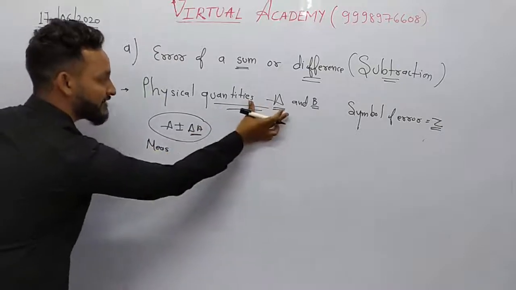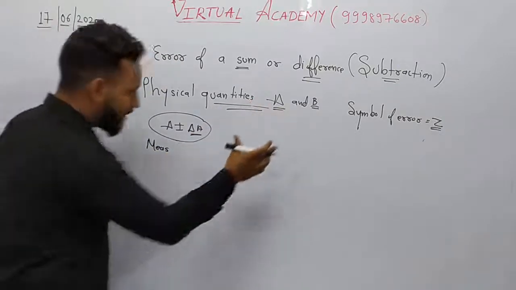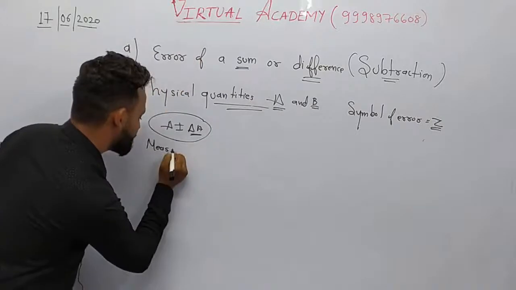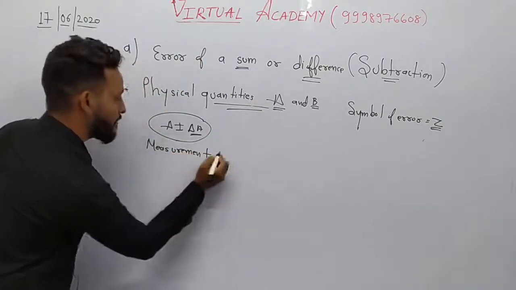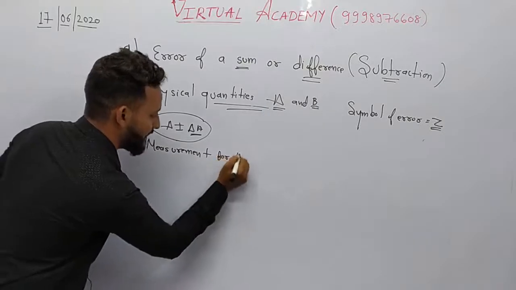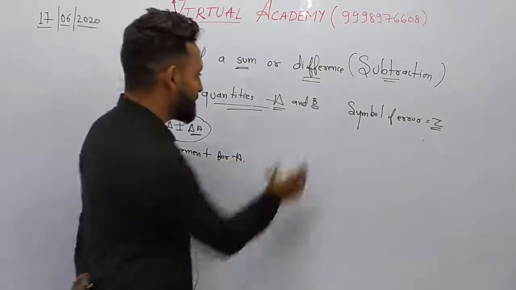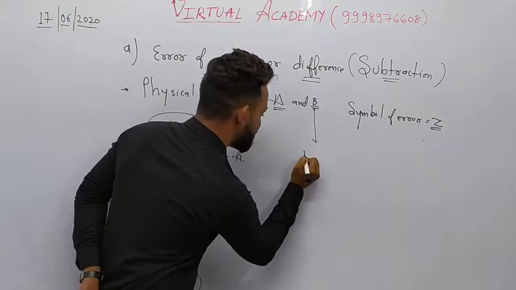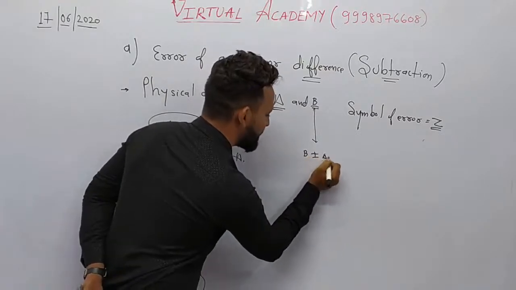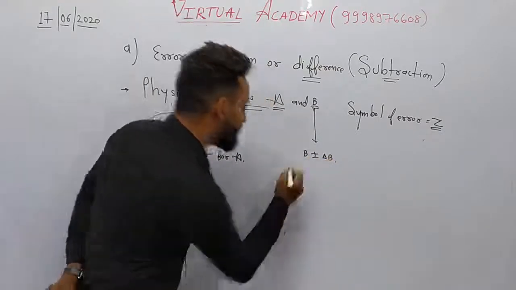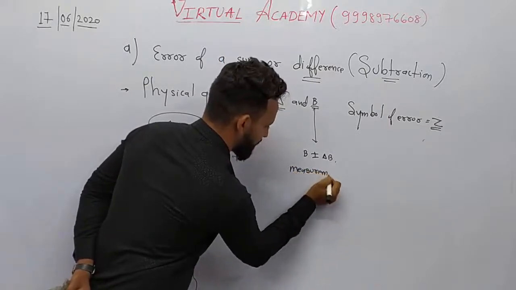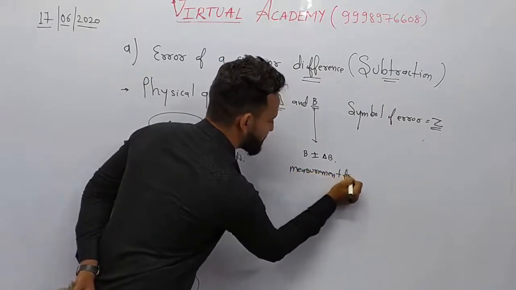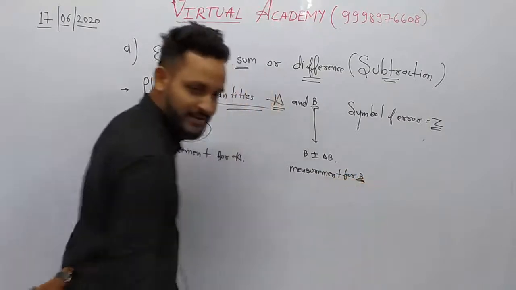For physical quantity A, the measurement is A plus and minus delta A. And what about B? It's B plus and minus delta B, the measurement for physical quantity B. Clear, student?